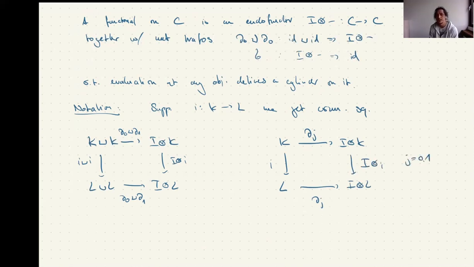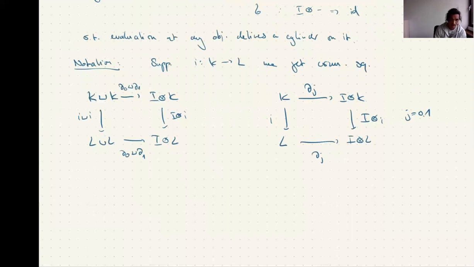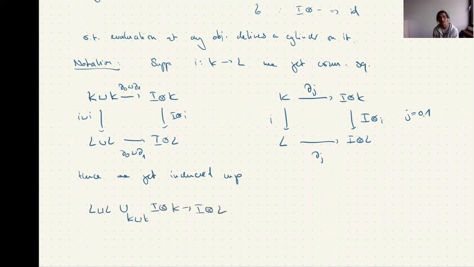And from these commutative squares, we get induced maps from the push-out product. So in the first case, that's a map like so.